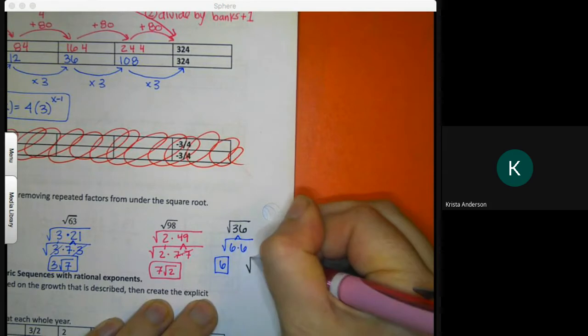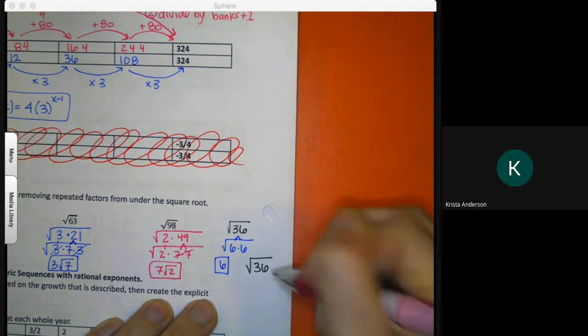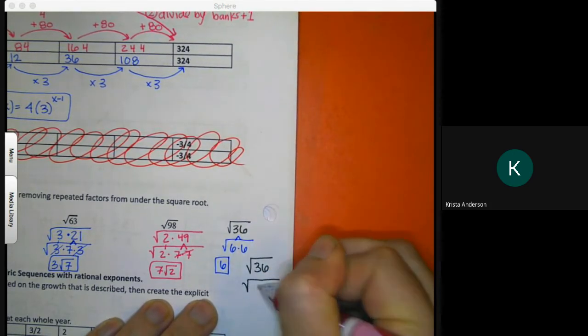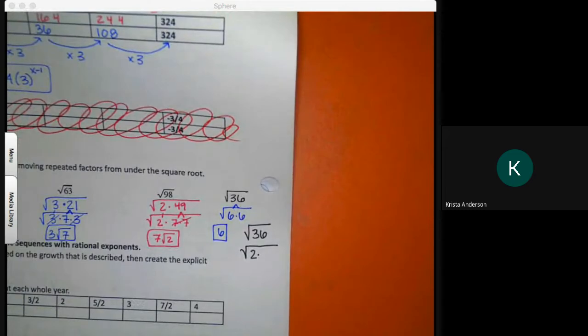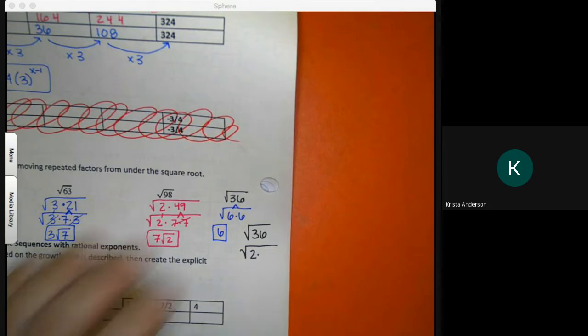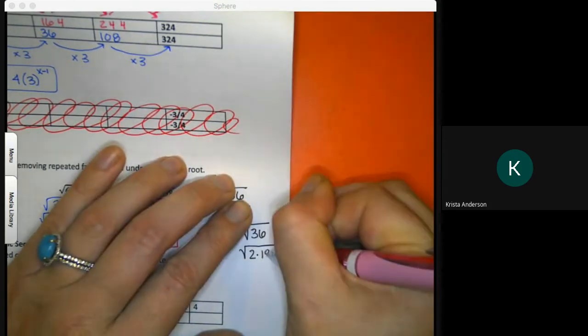Okay. Did anybody divide 36 by 2? Would you try it? Divide by 2. See if it's divisible. Yeah, what'd you get? 18. All right.